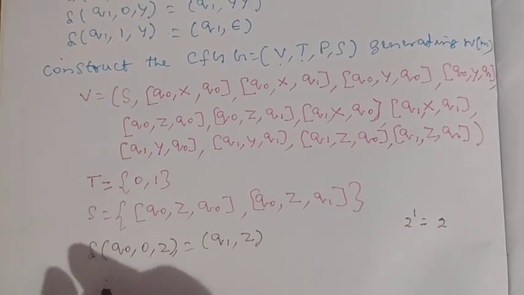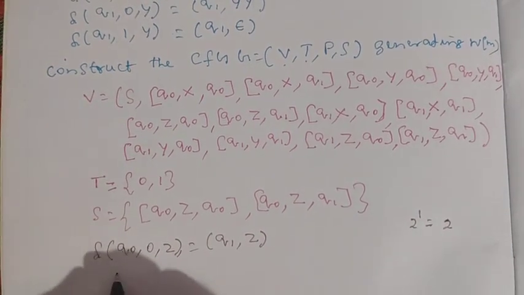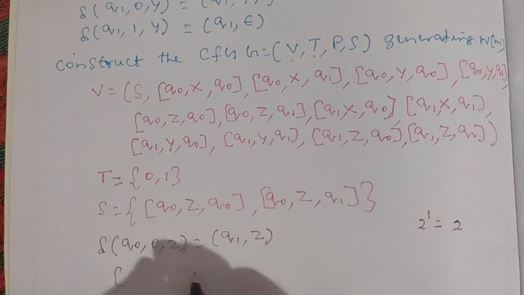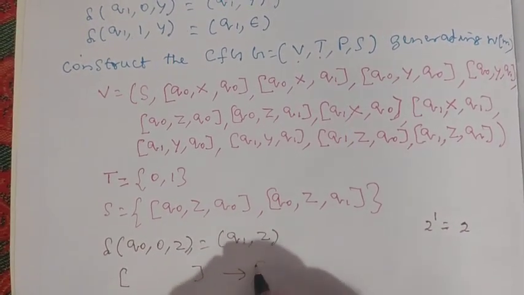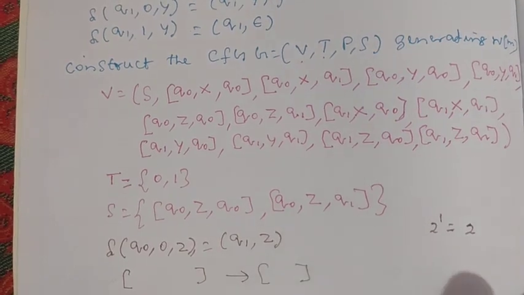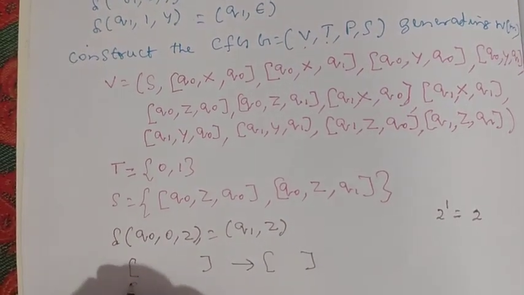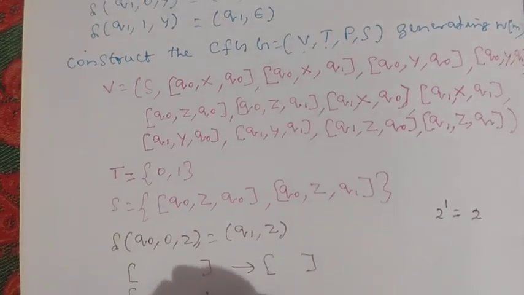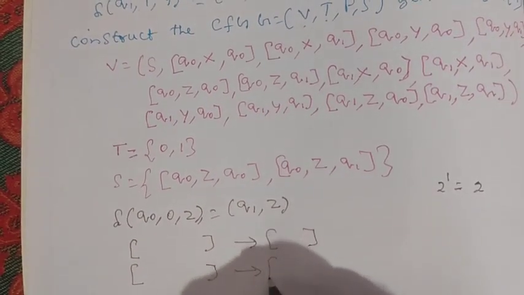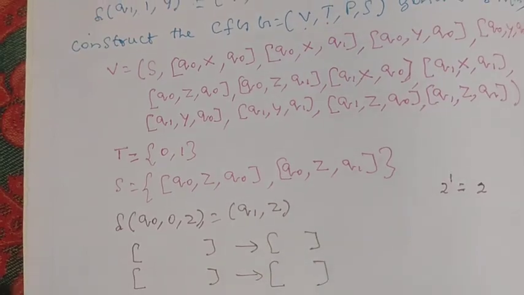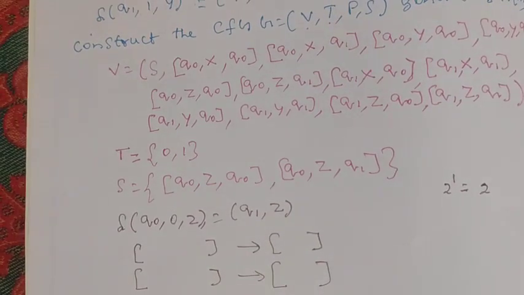Now how to write the production? First we'll write the production for this, and we'll write another production here. Okay, now how to write this?